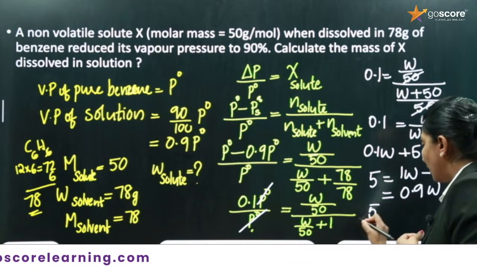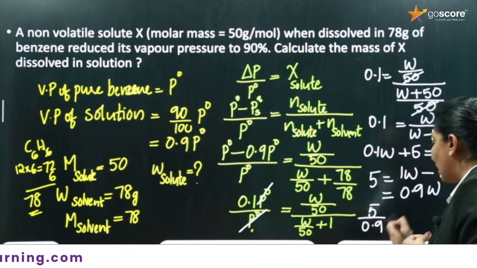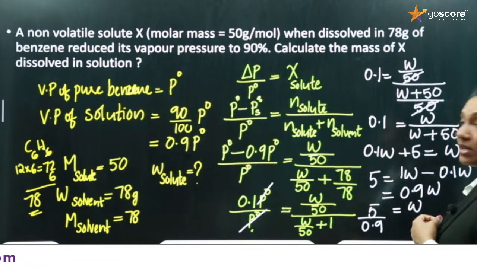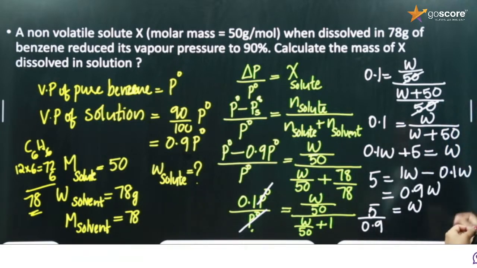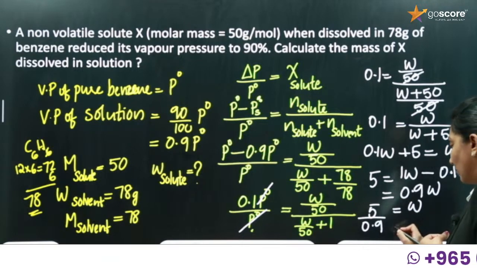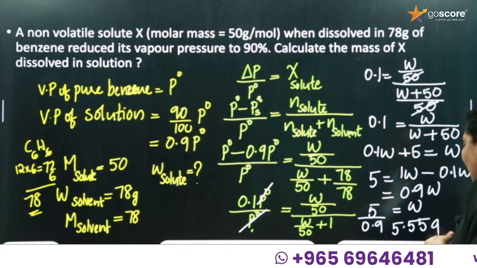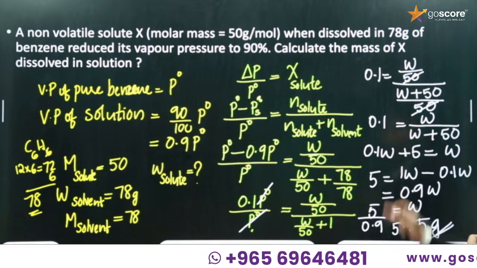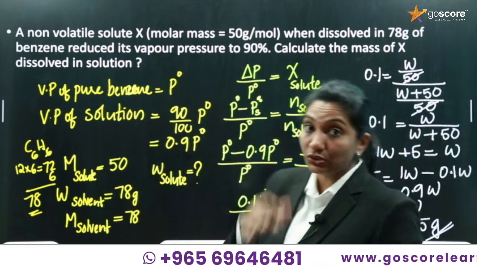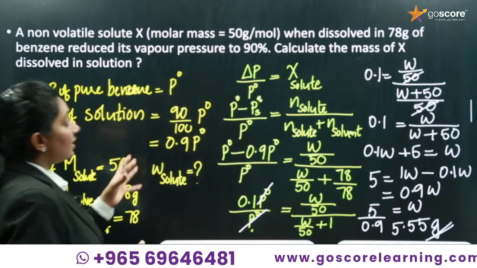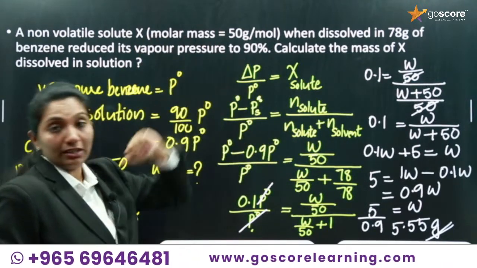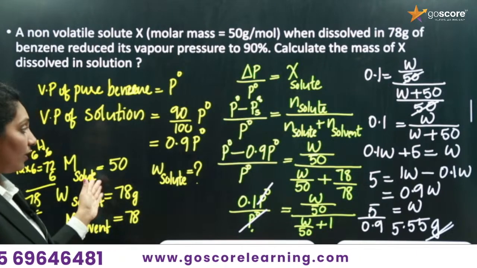So 5 by 0.9 is equal to the mass of solute. Okay. So 5 by 0.9, you will get the value as 5.55 gram. That is the mass of solute that you have to add to the benzene to reduce its vapor pressure to 90%. Okay, so I hope this is clear.